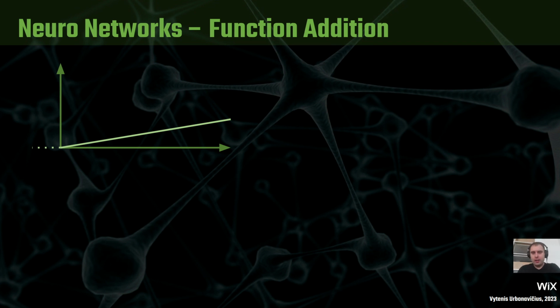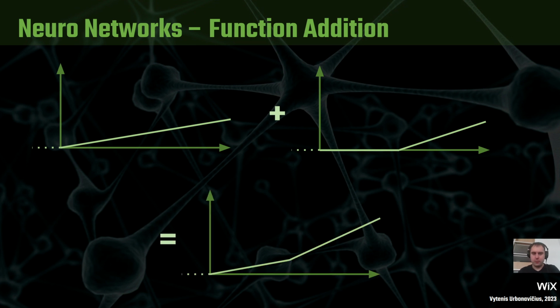Then we have another function which is very similar, but it has a slightly different angle and it bends at a slightly different place. What we choose to do with those two functions is sum them together, and as a result we get a third function which is more complicated than the first two, because now it bends in two different places.